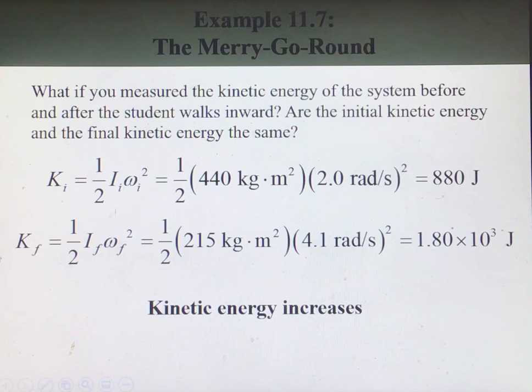But when we calculate the rotational kinetic energy, it goes as the square, so we take the square of the angular speed. So we end up getting a larger value of the kinetic energy. After it's 1.8 times 10 to the 3 joules, before is 880 joules. So there is an overall increase in the kinetic energy.